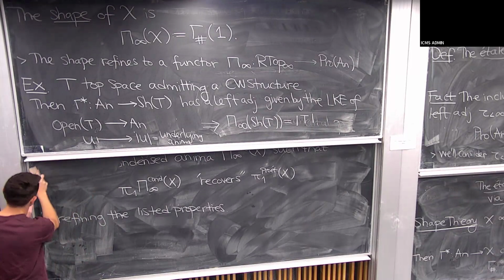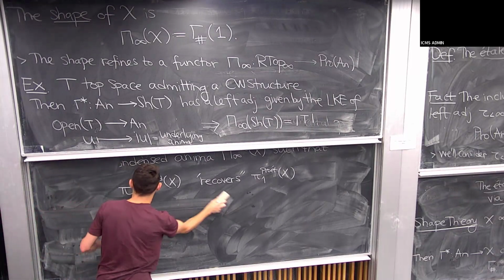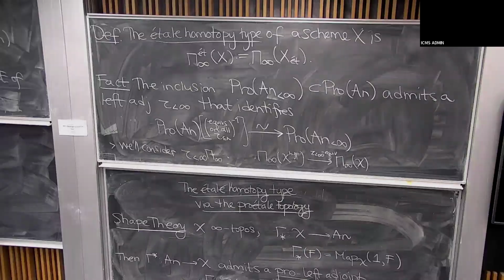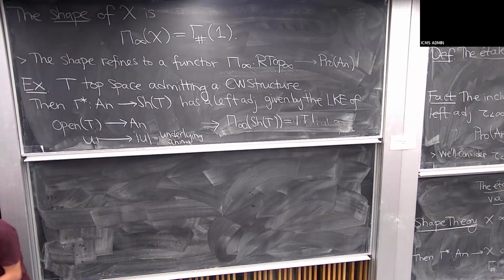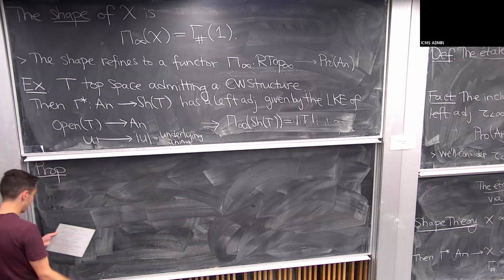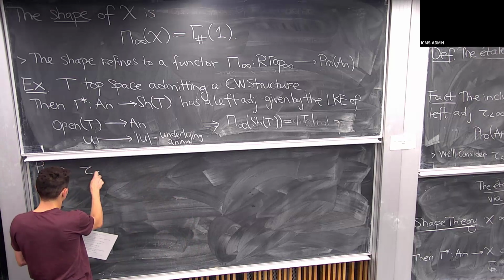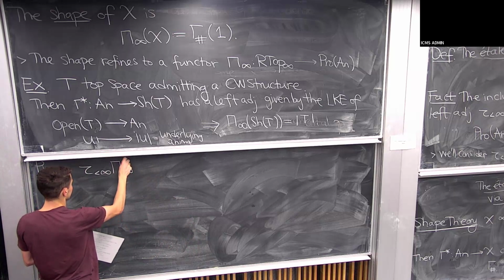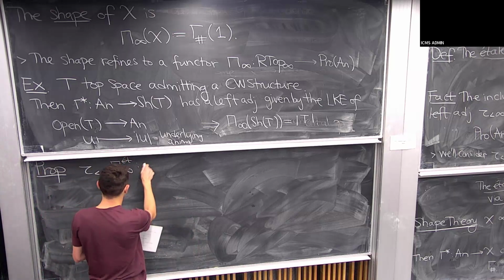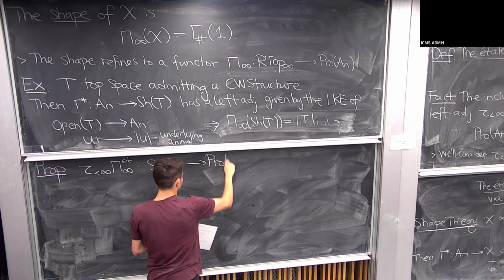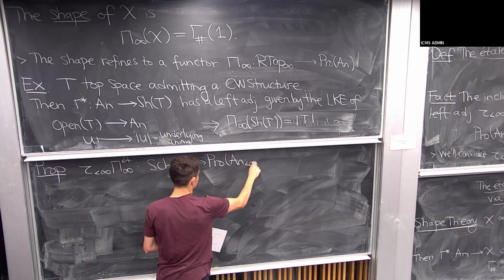Which is a theorem that's not so hard to show, but is very motivating for me, which is a proposition. So this version of the étale homotopy type after you protruncate it, that goes from schemes to the protruncated anima.